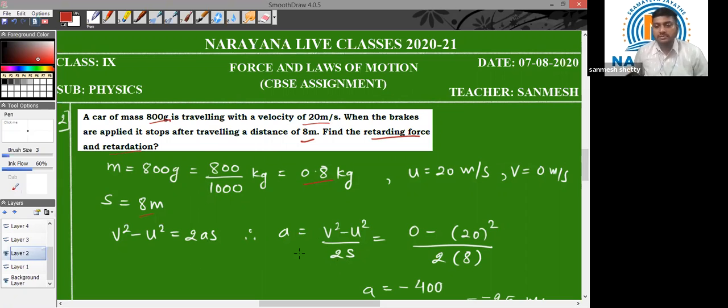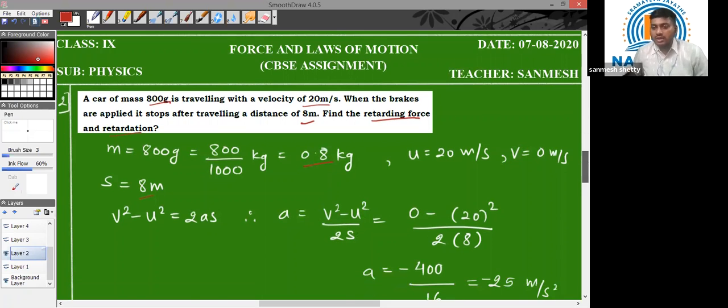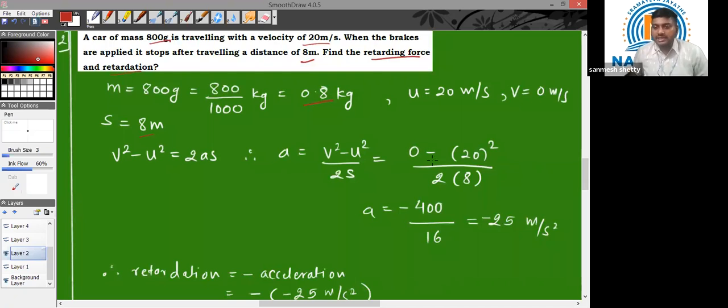Now V is 0 minus U square, U is 20, so 20 square divided by 2 into 8, as S is equal to 8 meters. 20 square will be 400, the minus sign will come here, divided by 2 into 8 which is 16. So this comes out to be minus 25 meters per second square. The minus sign indicates that the acceleration is in the opposite direction to the motion of the car. That's why the car is stopping after some time.